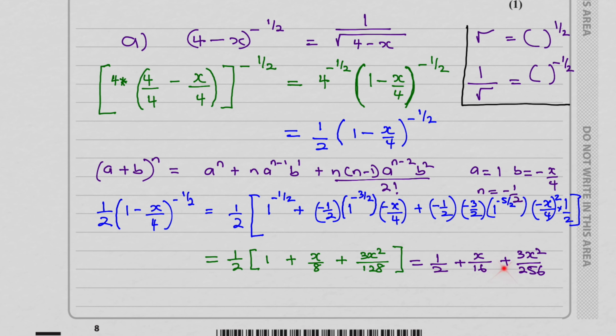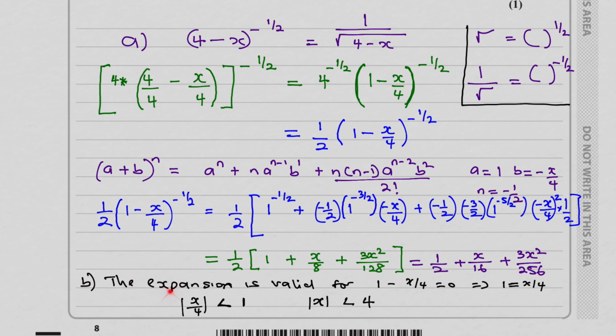The first 3 terms is this one. So for part b, the expansion is valid for... you set the bracket you're expanding to 0, when it's 1 here. When you set it to 0, you come to the conclusion that 1 minus x over 4 is 0, which implies that 1 has to be equal to x over 4. But you don't want 1 to be equal to x over 4, because then that will be 0 in the bracket.